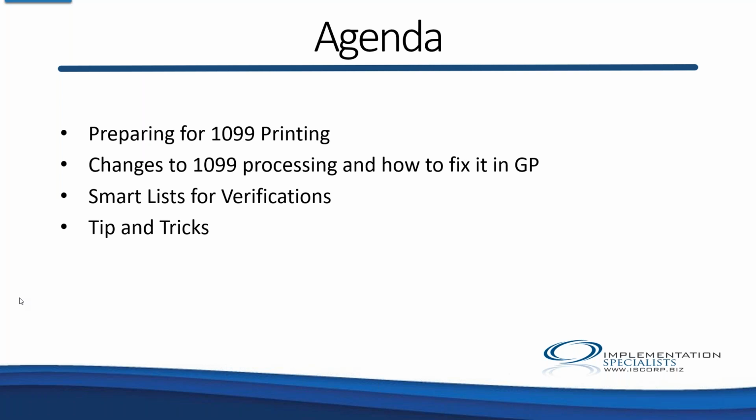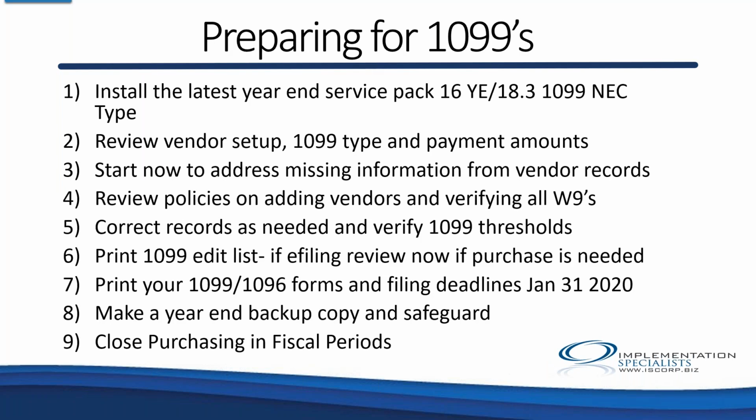So the first thing is how we want to prepare for our 1099s. We definitely want to get the latest year-end service pack done. I think it's still at 18.3, but one should be coming out fairly soon. I think they typically post it right after GPUC. It's probably going to be 18.4 or 18.5.